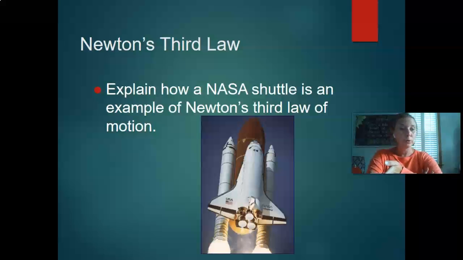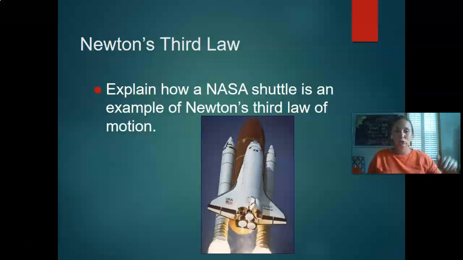I'm going to take it a step further. If you think about SpaceX, they have done something really cool: they have made this portion of the rocket reusable. When these would go off with NASA, they would fall somewhere into the ocean, and that would be the end of it.